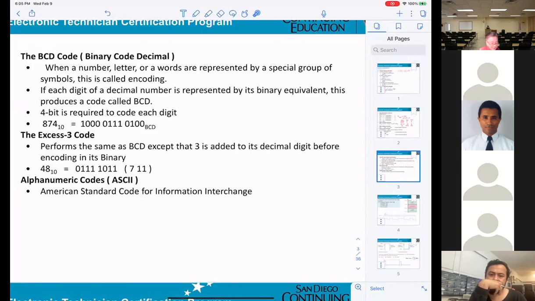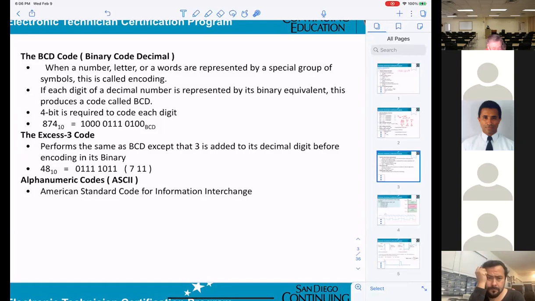And the next, the XS3 code performs the same as BCD, except that 3 is added to each decimal digit before encoding in binary. Okay, so you get the number 48 in decimal. Okay, so basically, excess-three code in here, okay?